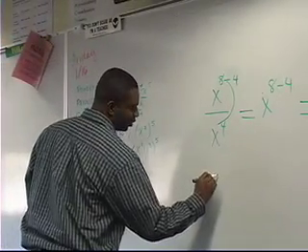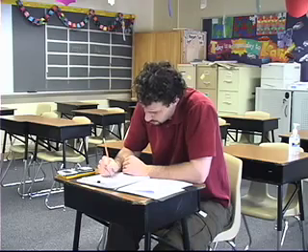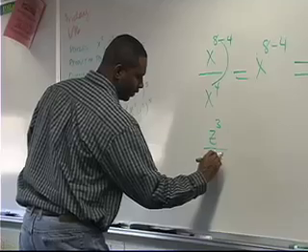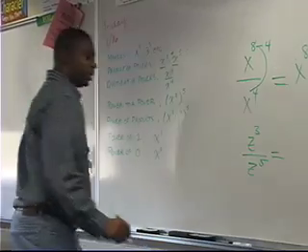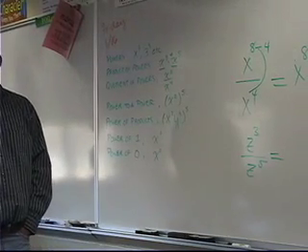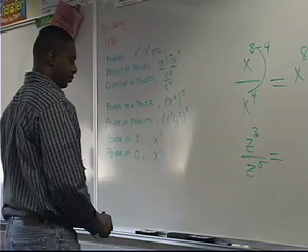What about this one, Dave? What happens if it's, let's say, z to the 3rd and z to the 5th? The first thing you want to look at: are the bases the same? Yes. Now, which one's larger, 3 or 5? 5.